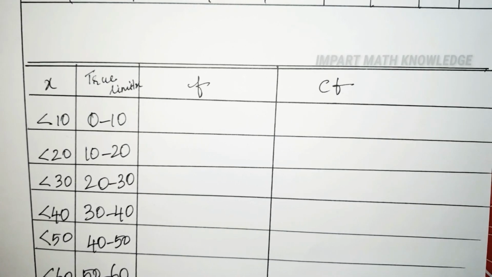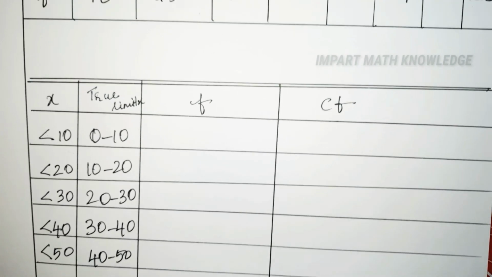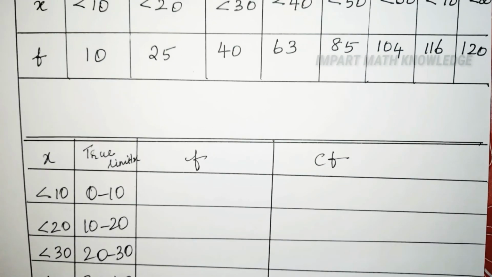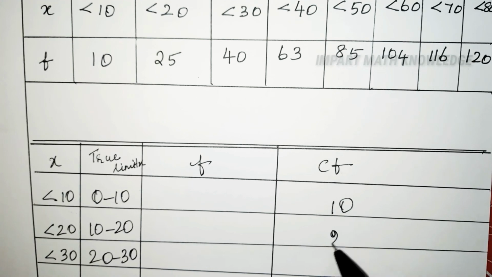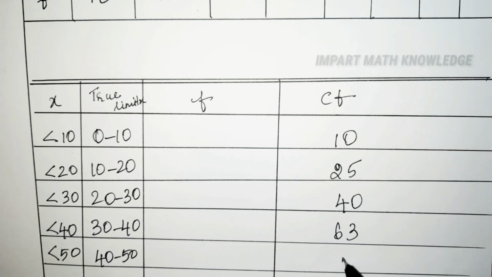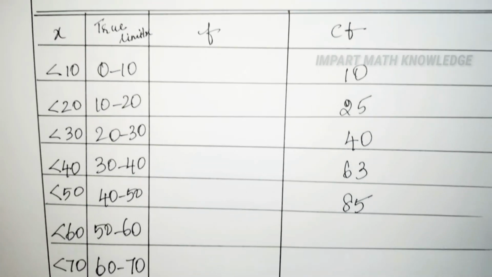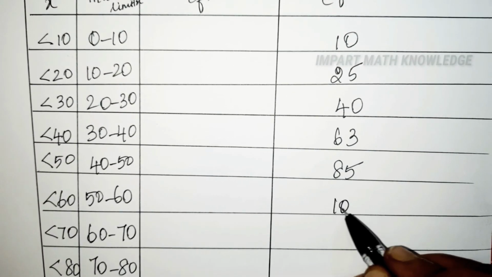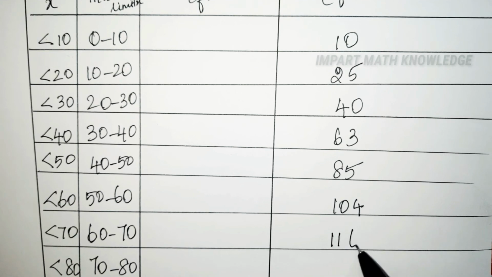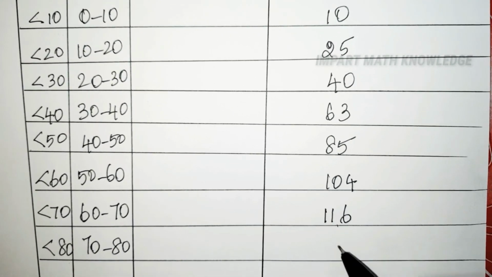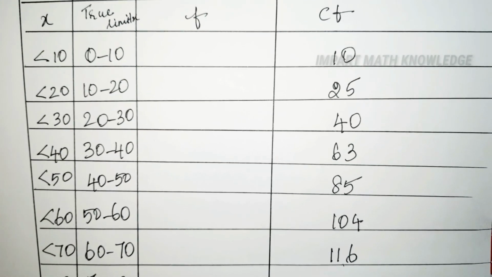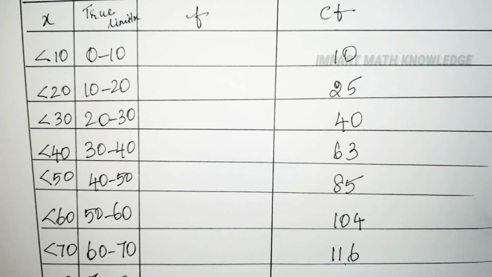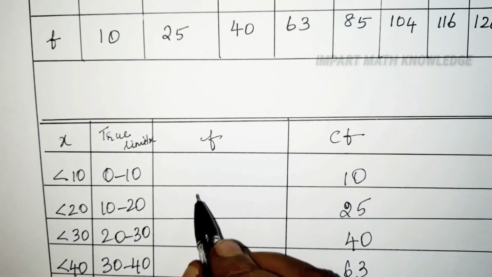So in this problem, cumulative frequency is given. We have to find the frequency. Cumulative frequency is given, that is 10, 25, 40, 63, 85, 104, 116, 120. We have to find the frequency from the cumulative frequency. First value is 10.